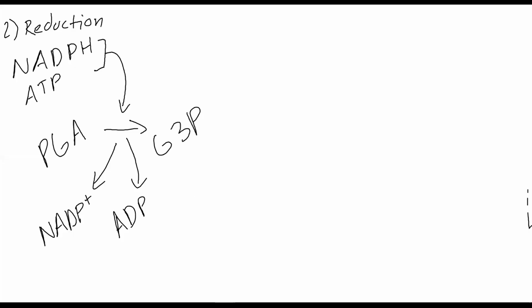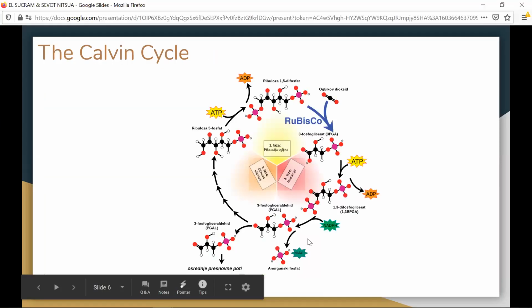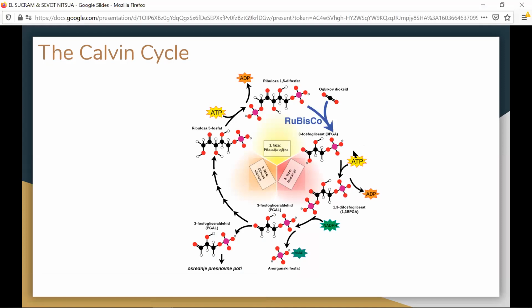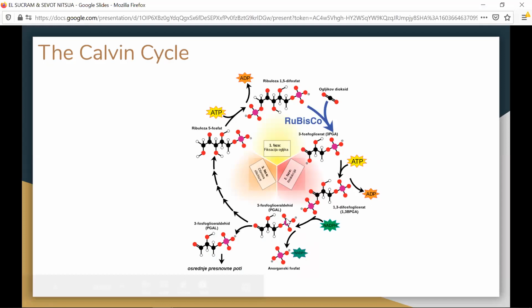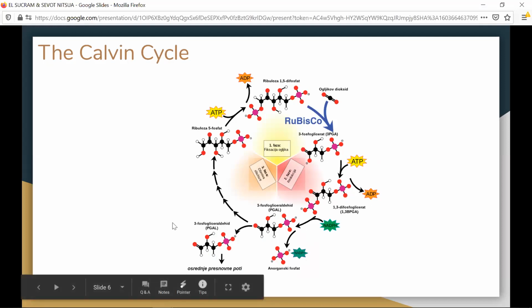So I can't really draw this out, so I'm just going to show you guys on our PowerPoint, which is actually seen here. You invest a little bit of ATP into your PGA molecule, which is shown here, right? Your ATP gets turned into ADP, and your NADPH gets turned into NADP, but in the end, you get this, a G3P.